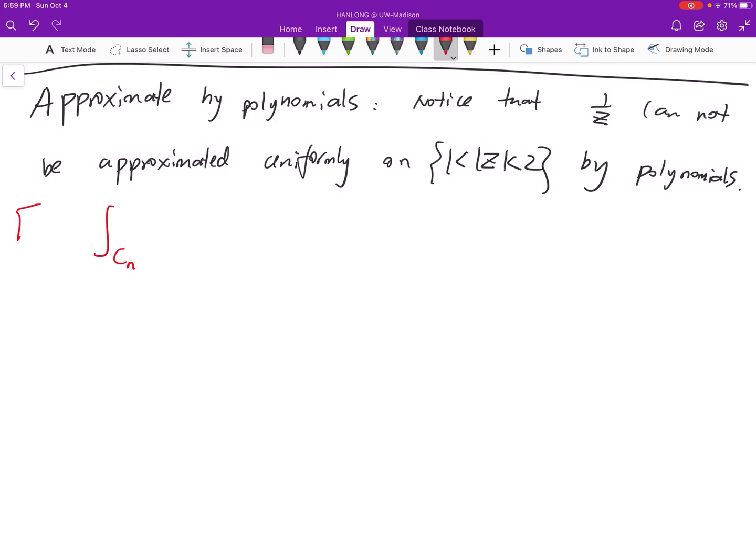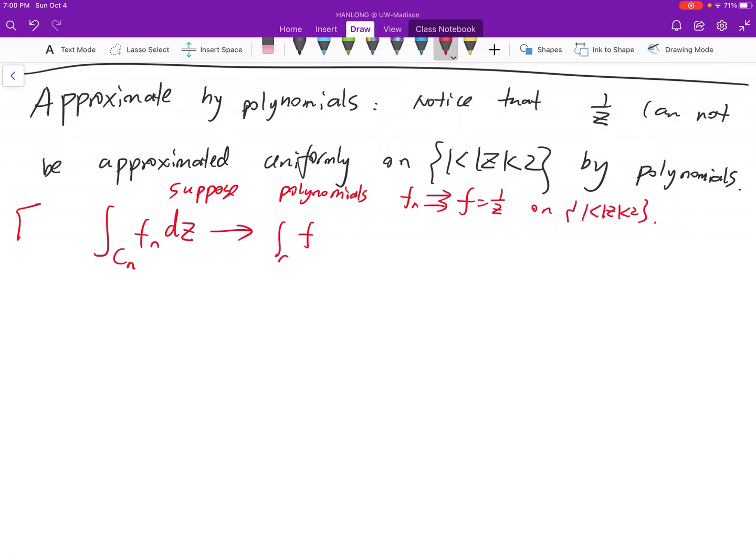So here, suppose polynomials fn uniformly converge to f equals 1 over z on the annulus. Then the integral along the boundary of fn converges to the integral of f along the boundary.